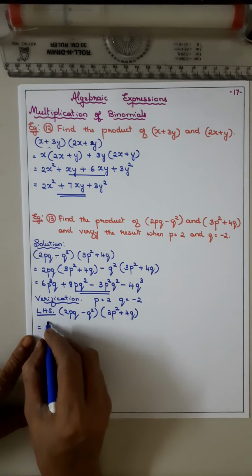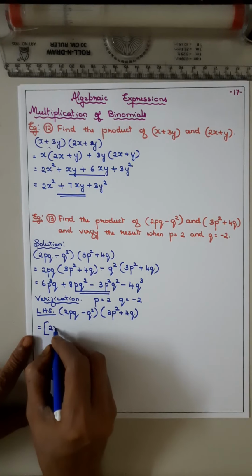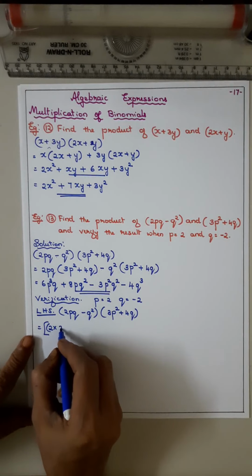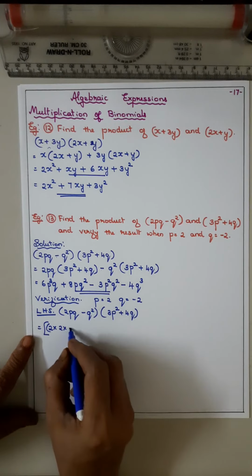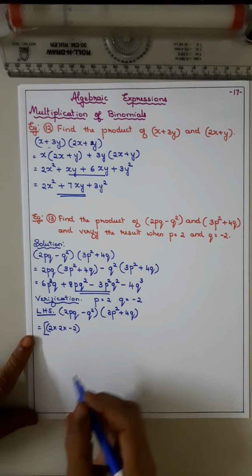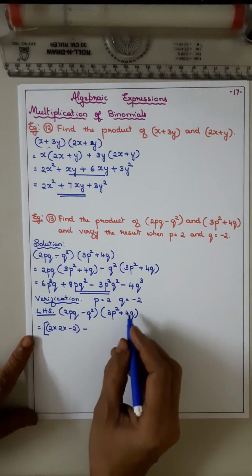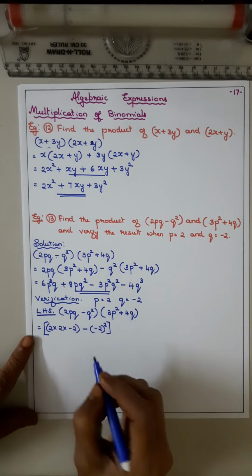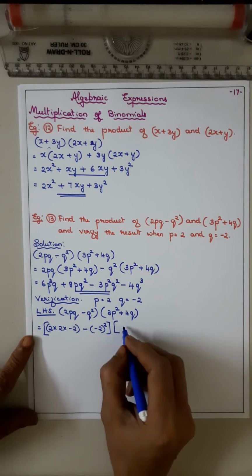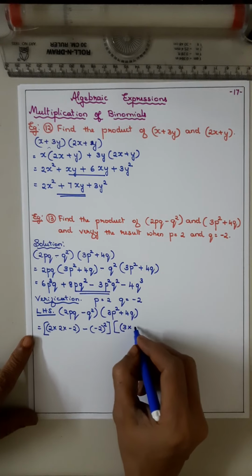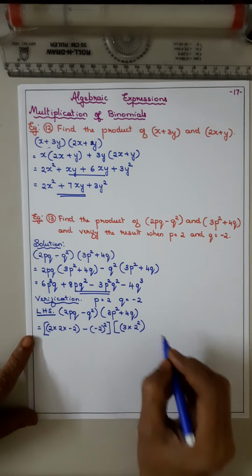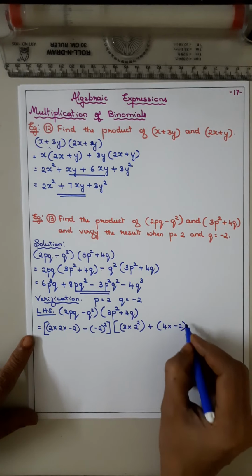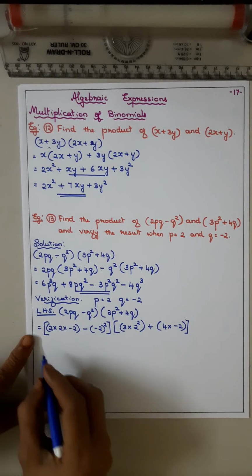Now put the values. Square bracket open, 2 into, put it in the bracket, 2 into q is minus 2, bracket close, minus q squared, that is minus 2, square bracket, then again bracket open, 3 into p squared, 2 squared, plus 4 into q is minus 2. Okay.